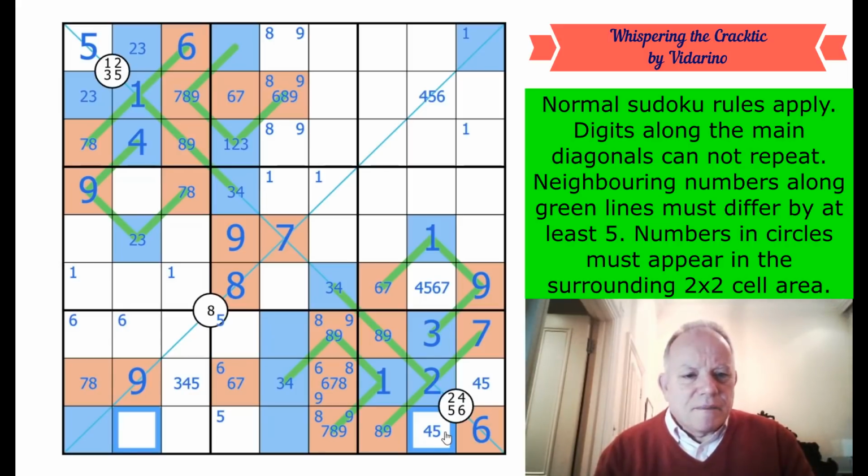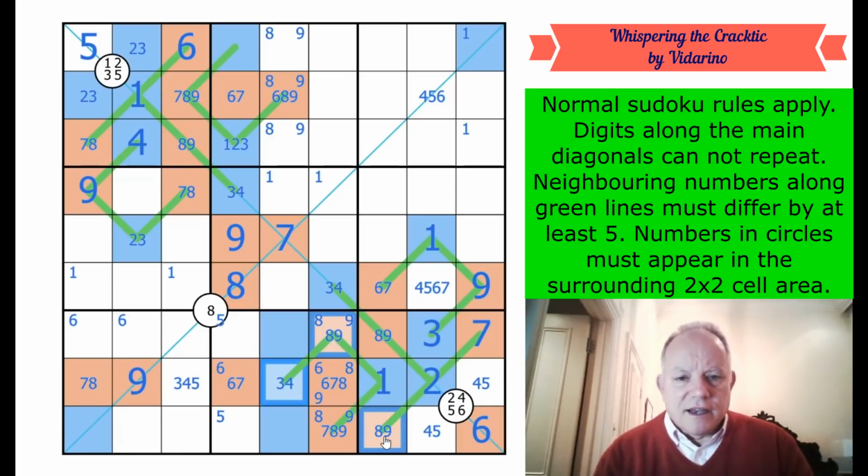Is there a reason that can't be a 4? I don't think so. Maybe I should be focusing a bit harder on 4s and 6s because they're so limited on the lines. If that was a 4, it would force 9 here, which puts 9 there. Which doesn't really do anything higher in the grid.